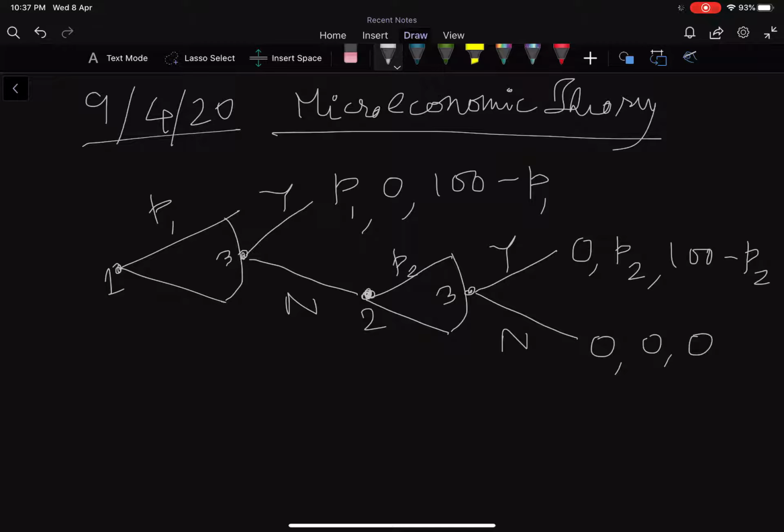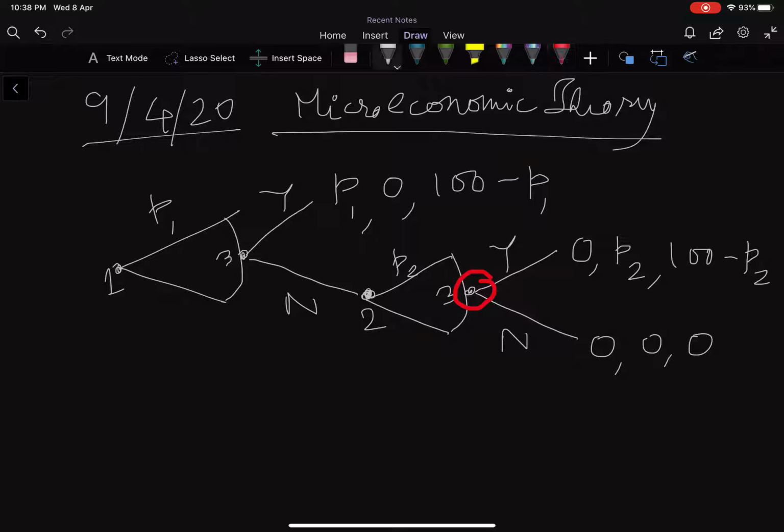This is a case where everybody knows the exact sequence, so we can apply backward induction, right? We can start with player 3's move here. Clearly player 3 will accept any deal at this point, as long as P2 is less than or equal to 100, which means as long as the payoff of player 3 is greater than or equal to 0, player 3 will accept.